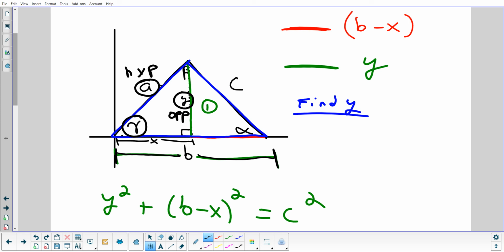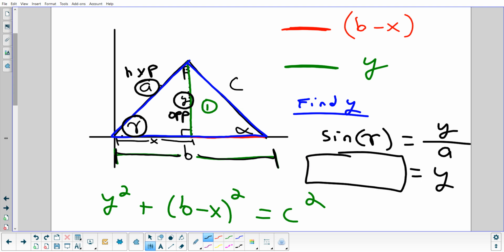So let's set this up. Sine of some angle equals some fraction. What am I going to fill in for my angle? Gamma. Okay, so sine of gamma equals, and then what's going to be the fraction on the other side? Y over A. Remember, the goal here is to get a formula for y in terms of the information from the blue triangle.